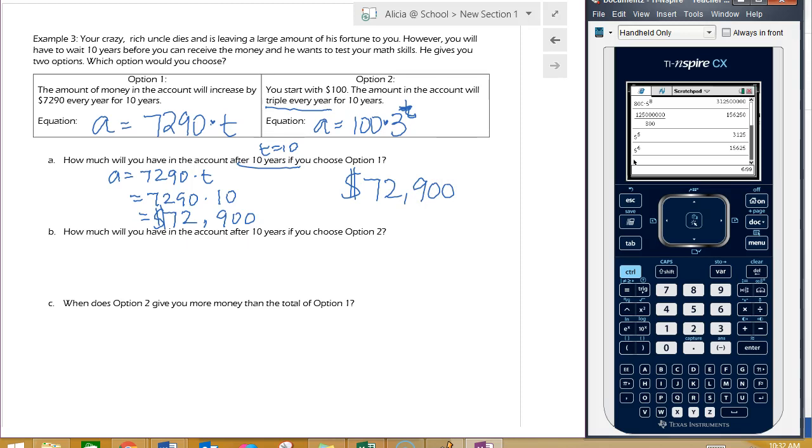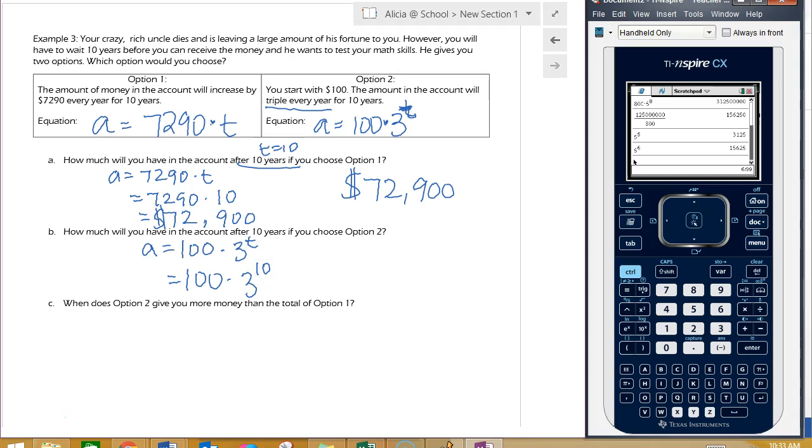Example B. How much will you have in the account after 10 years if you choose option 2? Alright, A equals 100 times 3^T. My T though is 10. So 100 times 3 raised to the 10th power.